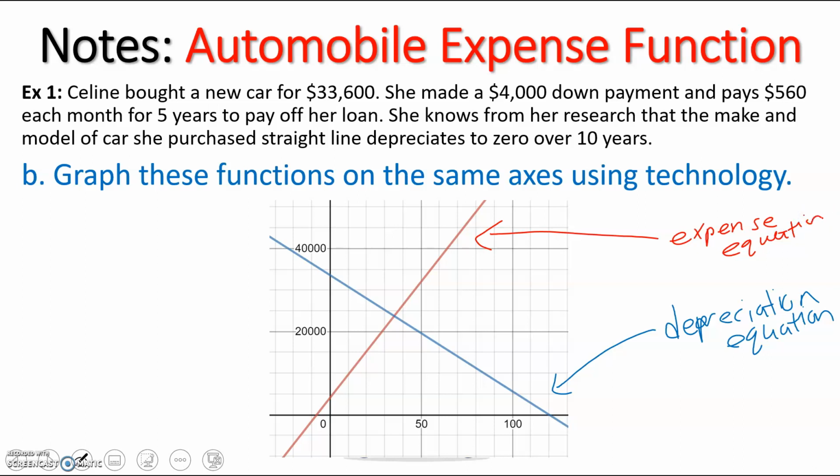Now, if you're sketching these in your notebook, what I recommend is you focus on labeling things like the intercepts, and then just approximating the rest.